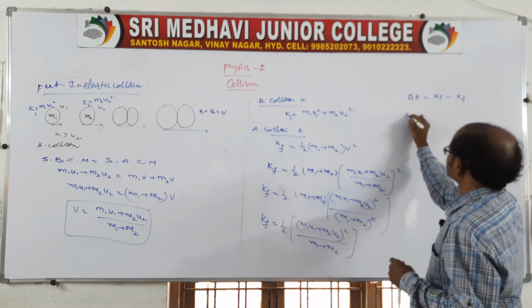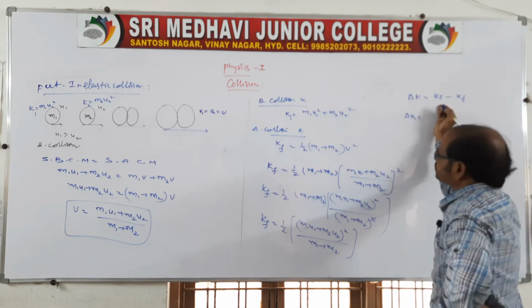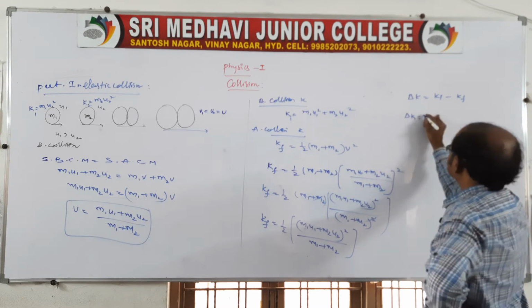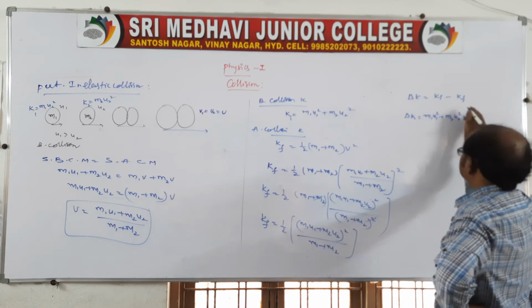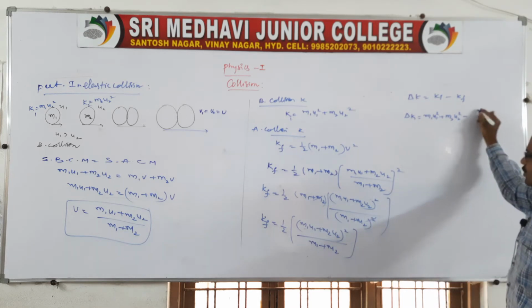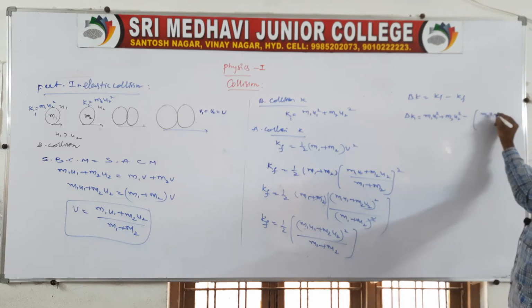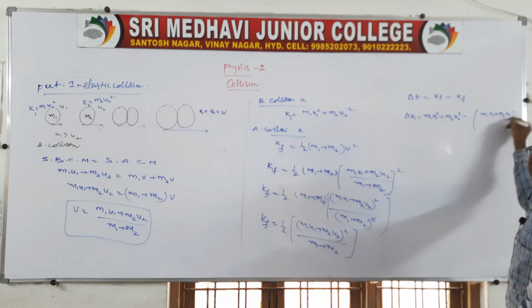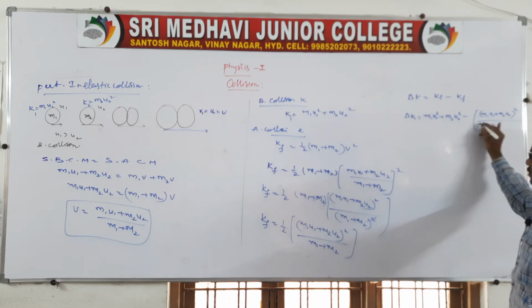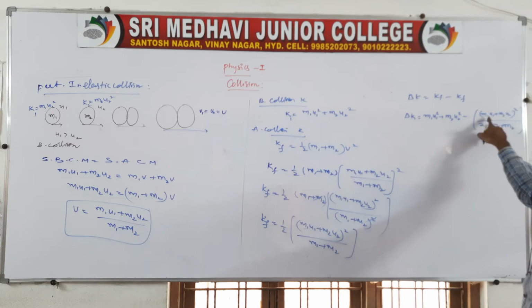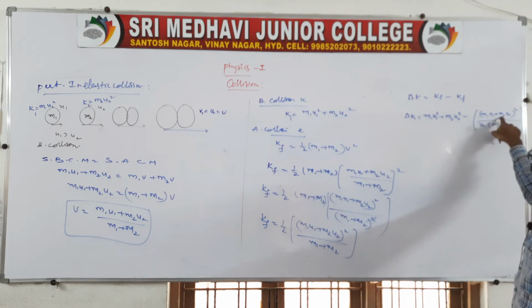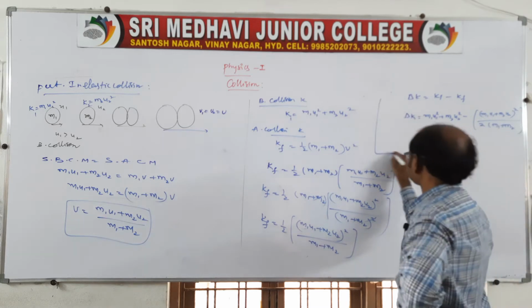So delta K equals 1 by 2 m1 u1 square plus 1 by 2 m2 u2 square minus (m1 u1 plus m2 u2) whole square by 2 (m1 plus m2).